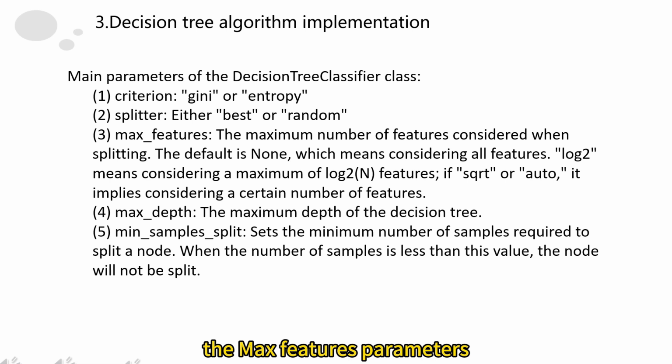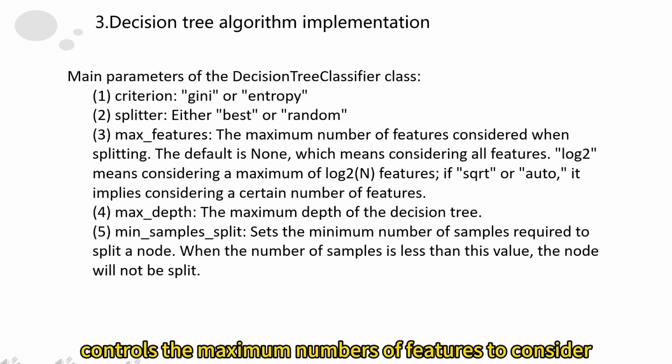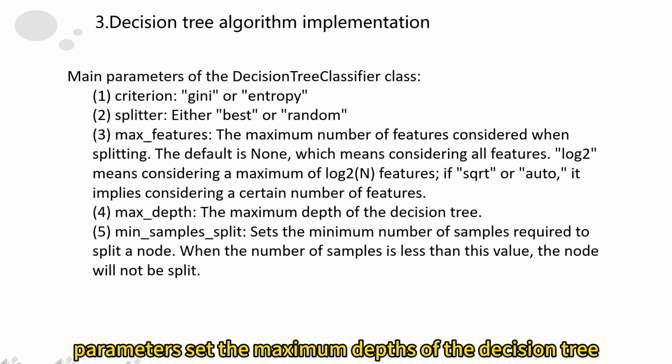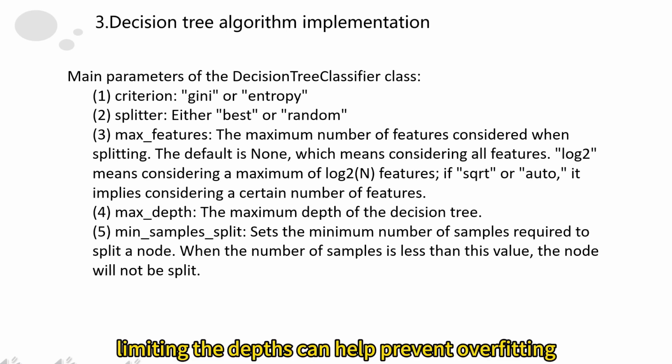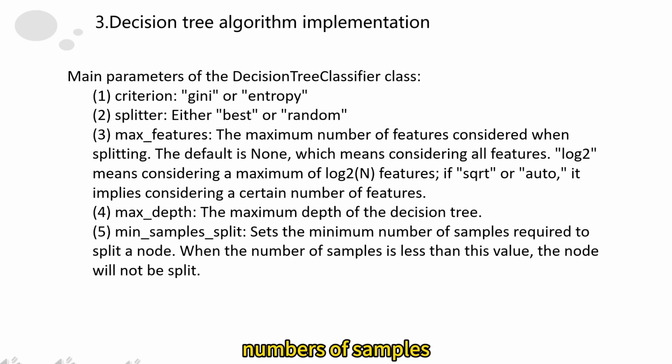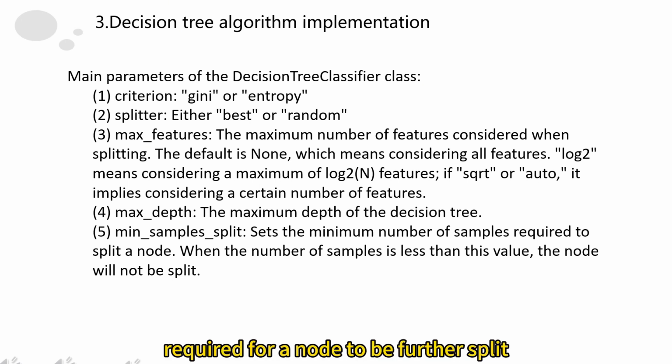The max features parameter controls the maximum number of features to consider when splitting nodes. You can specify it as an integer or as a floating point number. The max depth parameter sets the maximum depth of the decision tree. Limiting the depth can help prevent overfitting. The min sample split parameter sets the minimum number of samples required for a node to be further split.